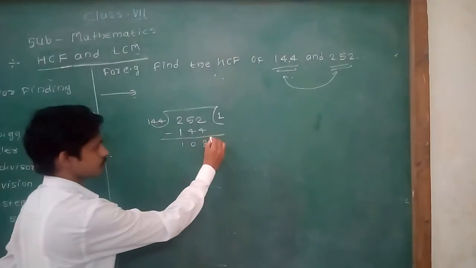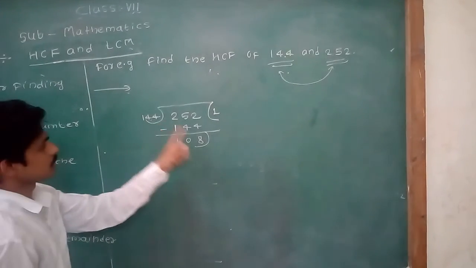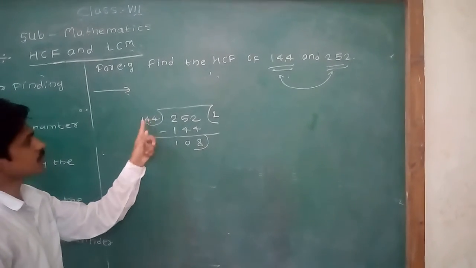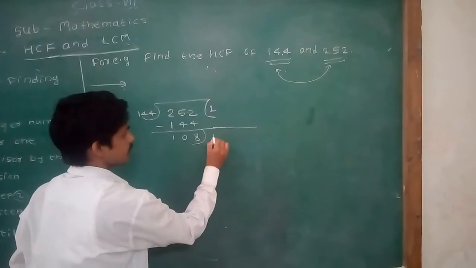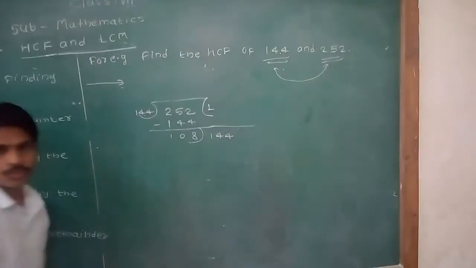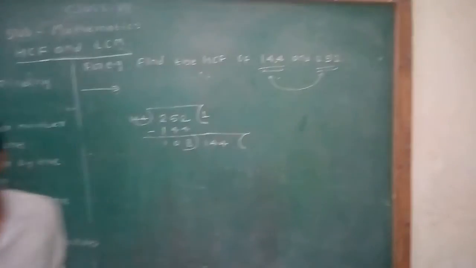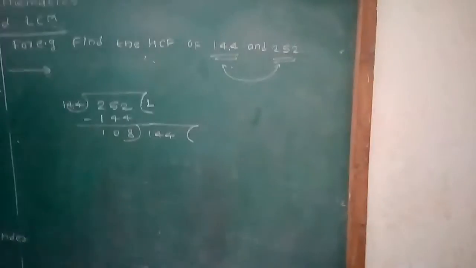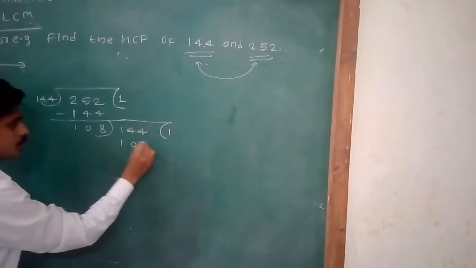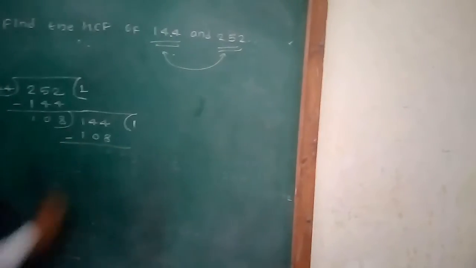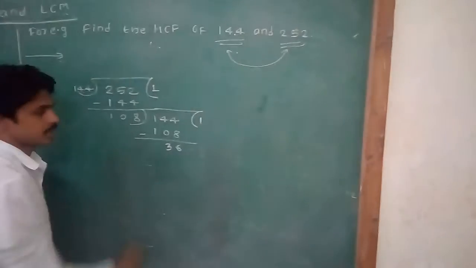Now of these numbers, the bigger number is 144, so we write 144 here. Now we divide this number by 108, we get 1 here, and by subtracting we get 36.